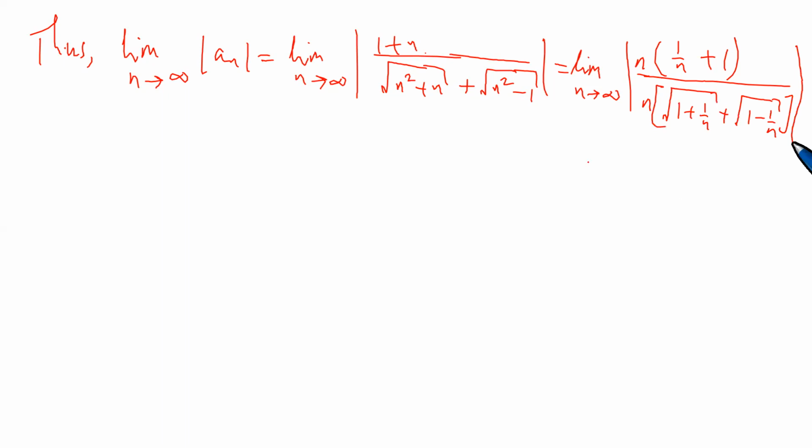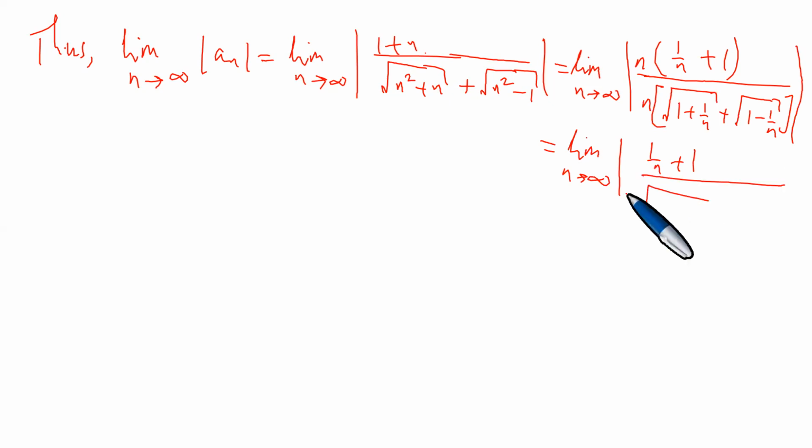So this is the limit as n approaches infinity of 1 over n plus, the n cancels, 1 plus 1 over n, the square root of 1 minus 1 over n.